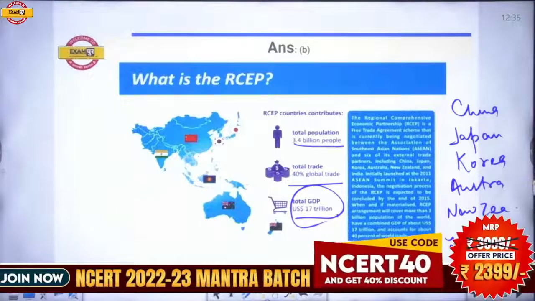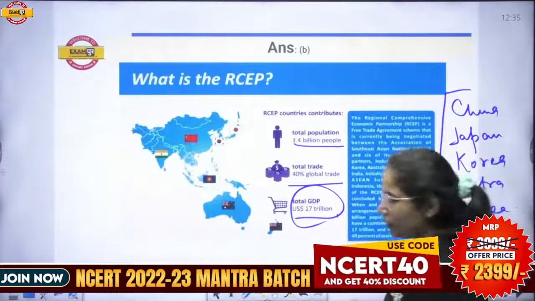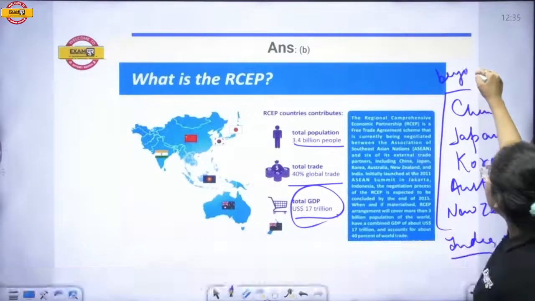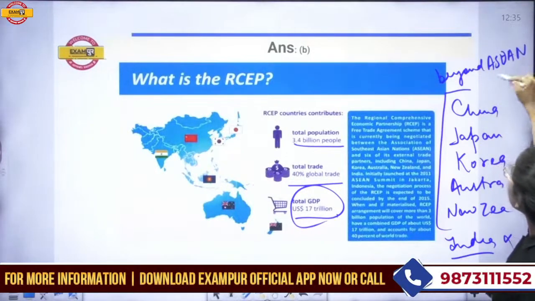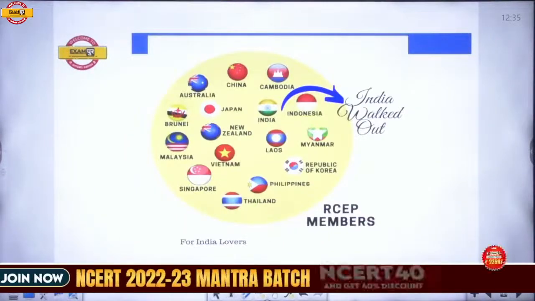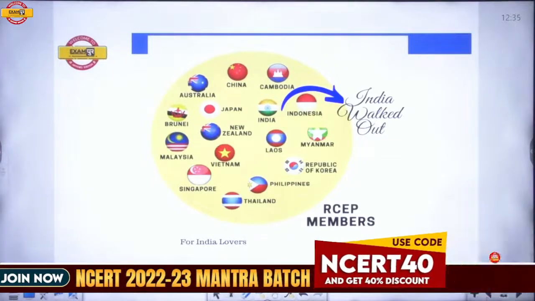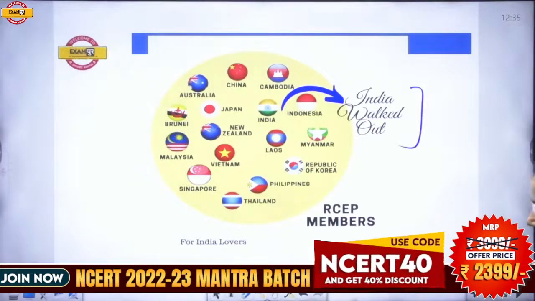India, you can eliminate; these 5 countries are also there beyond ASEAN. So these are the countries that are part of RCEP, and India walked out.